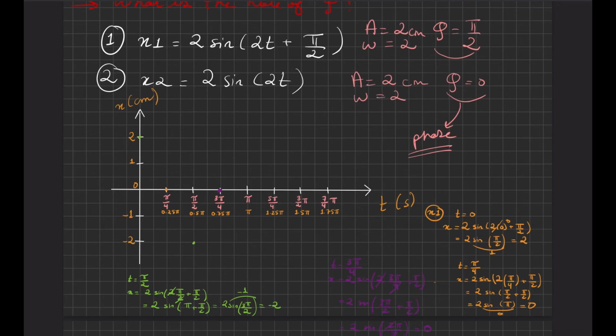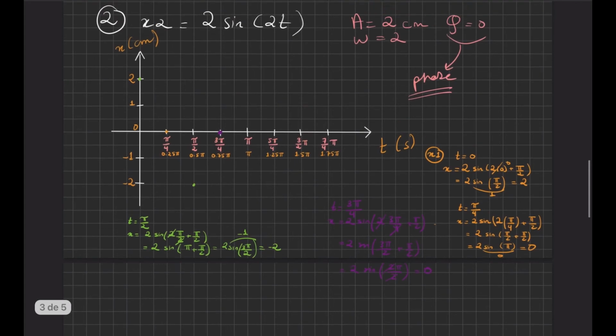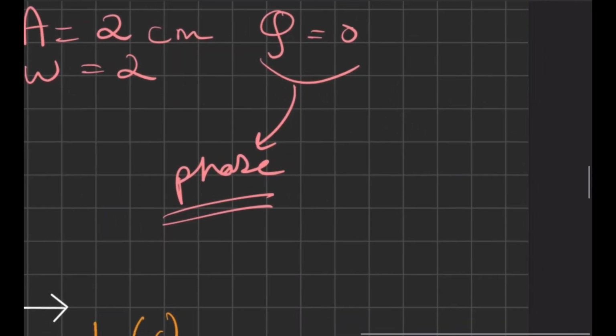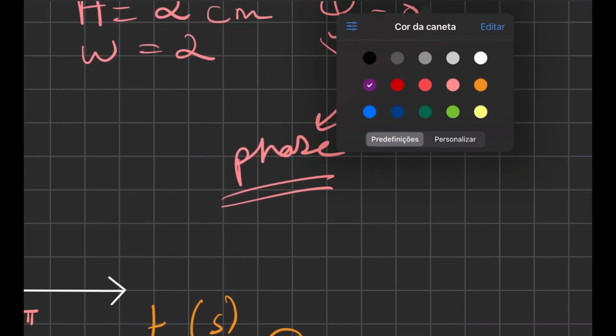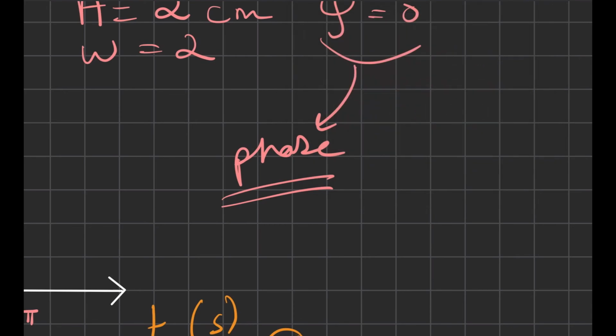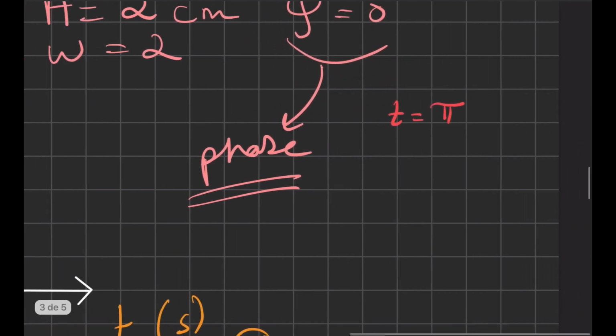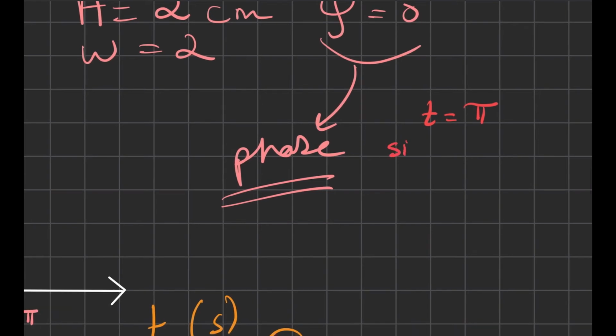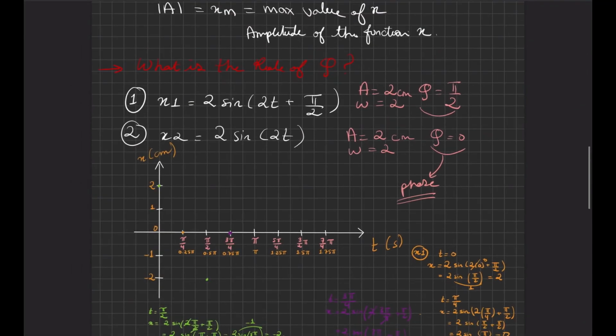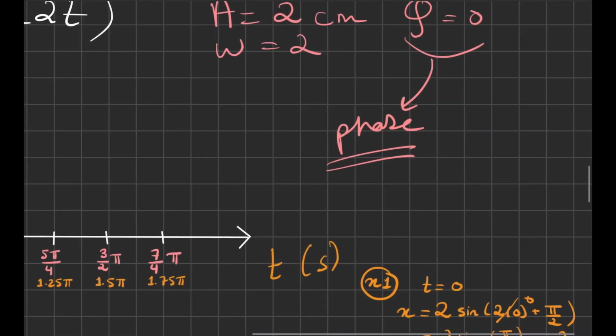Now let's do the value of x for t equals pi. Sorry, there's not enough space here, so let's do it here.